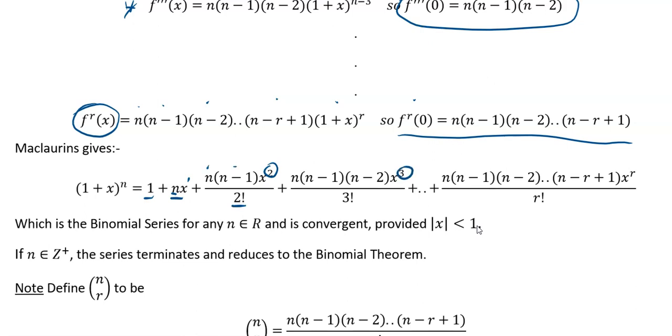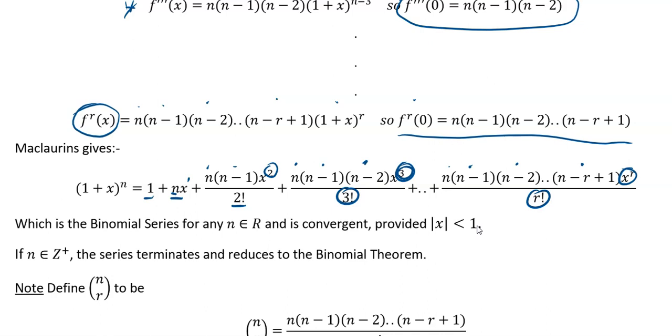Next one is x cubed, and I've got 3 factorial in the bottom line, and I've got n times (n minus 1) times (n minus 2), so 3 things again. And then my general term is x to the power of r divided by r factorial, and I've got 1, 2, 3 all the way along, and that would be my r things.